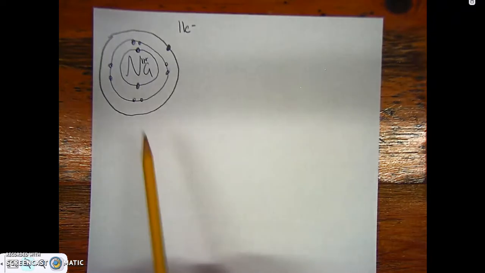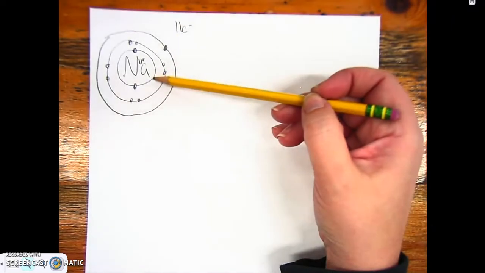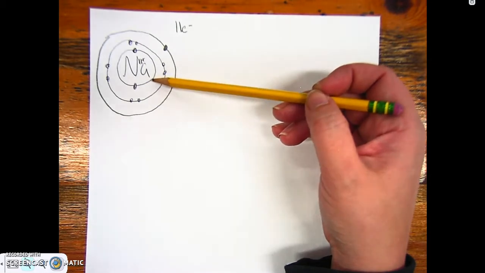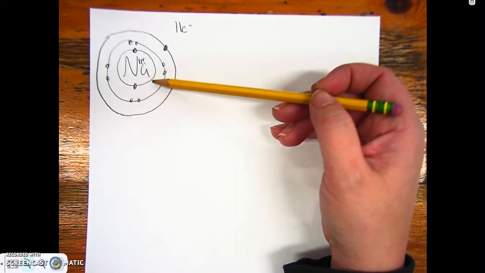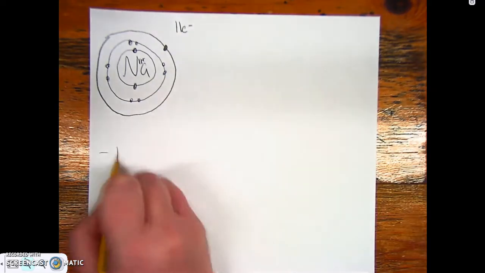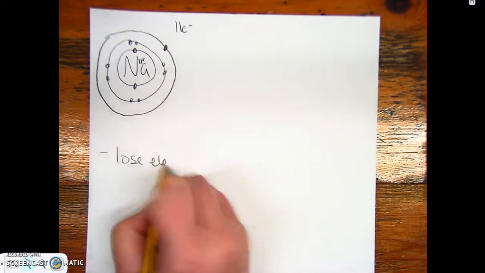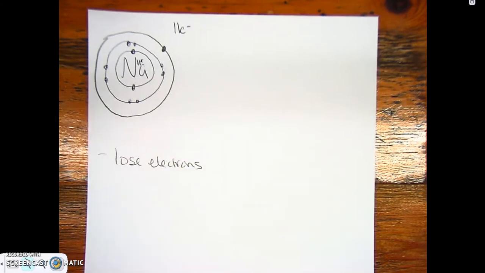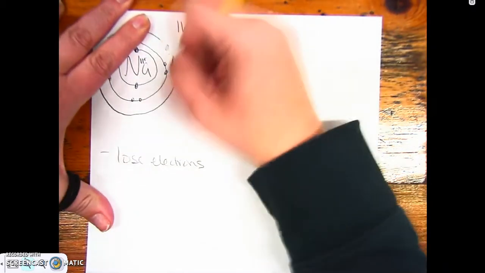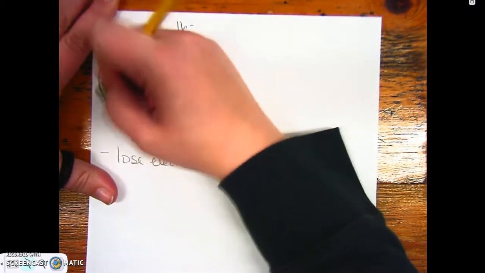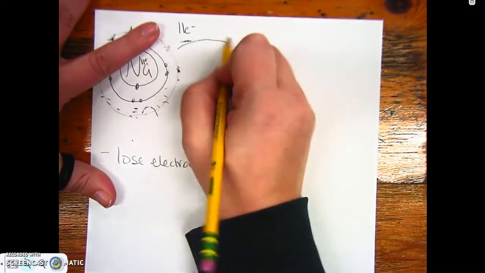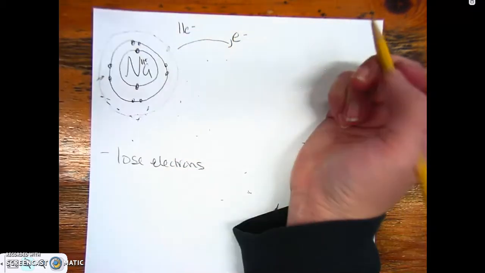For sodium to achieve a noble gas configuration and have 8 in its outermost shell, like we said, metals lose electrons. It is going to lose its outer shell, so it's just going to get rid of this electron. We'll draw it going over here, and I'll show you where it goes later.